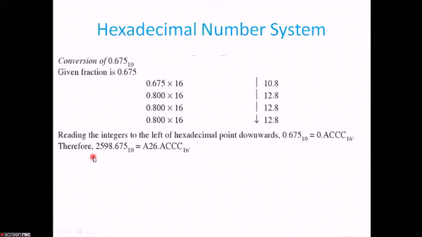That is, the conversion of 2598.675 to the base 10 is equal to A26.ACCC to the base 16. Here just see this. The equivalent of 10 in hexadecimal is A. 12 is C. So we have got this one.